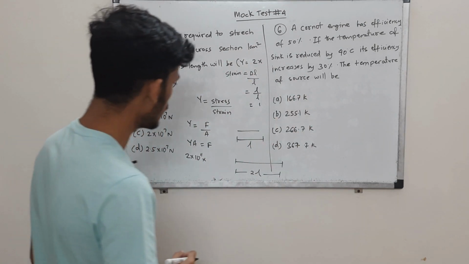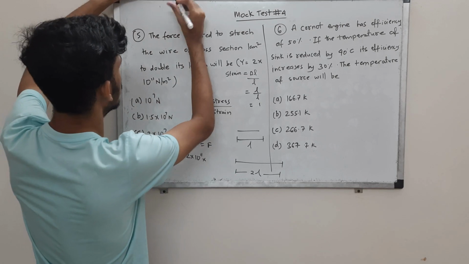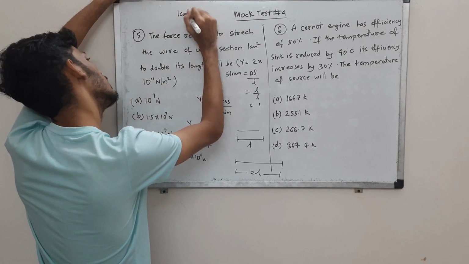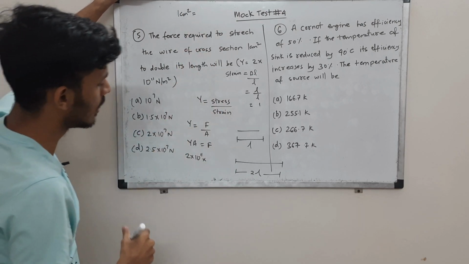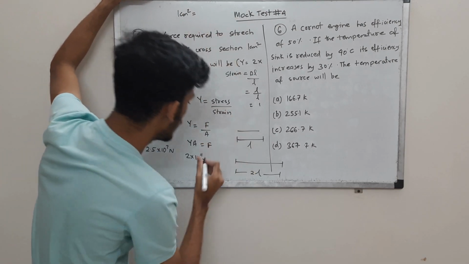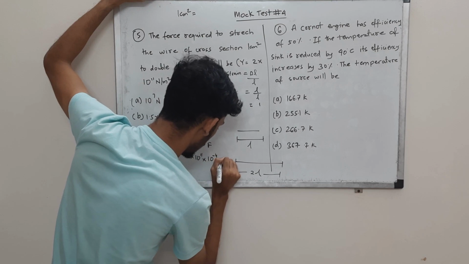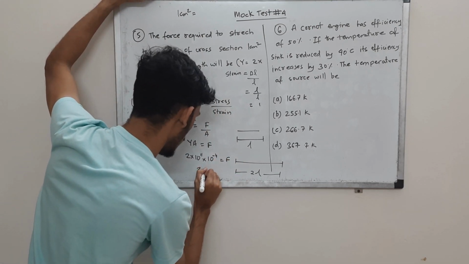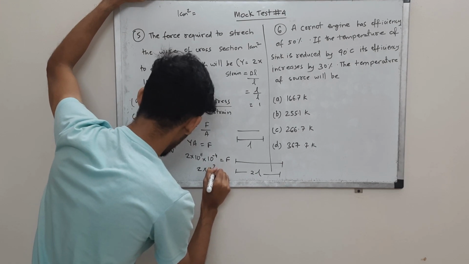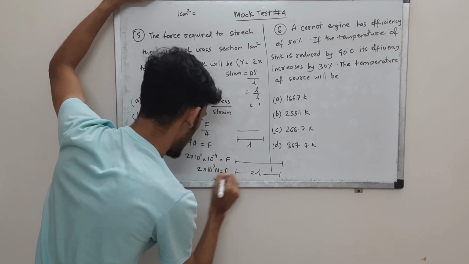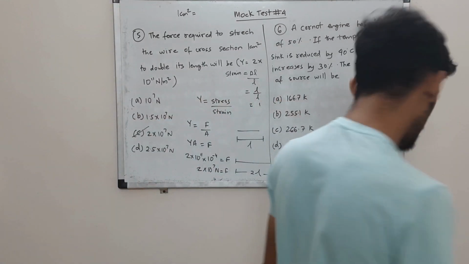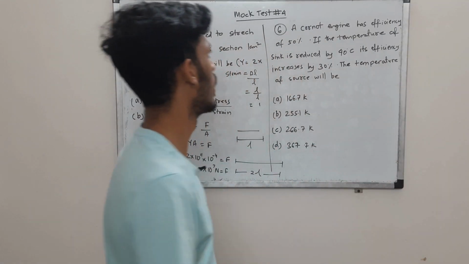So this area, 1 centimeter square, a centimeter is 10 to the power minus 2 meter, so squared, it is 10 to the power minus 4 meter square. Okay, so you have the answer in CGS now, so it is 2 into 10 to the power 7. I think that is correct. So option C is correct over here. Let me check that. So 2 into 10 to the power 7. Yes, that's correct.